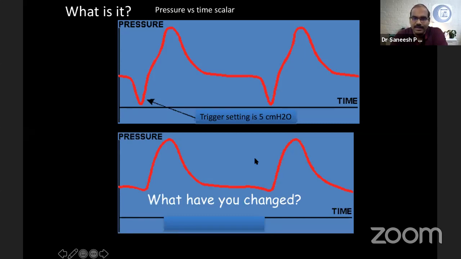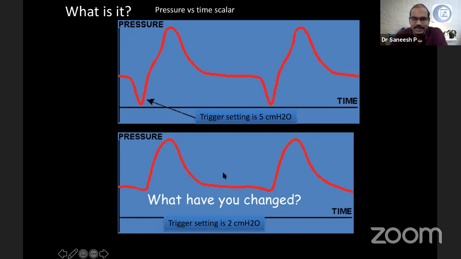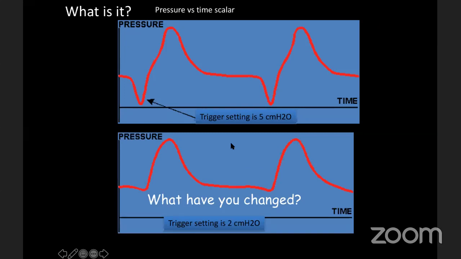Now you change the trigger setting to 2. Now that additional effort, the wasted work of breathing, is not there. The moment the trigger comes to 2, the breath cycle gets initiated. Did you get the point? Yeah, I got it.